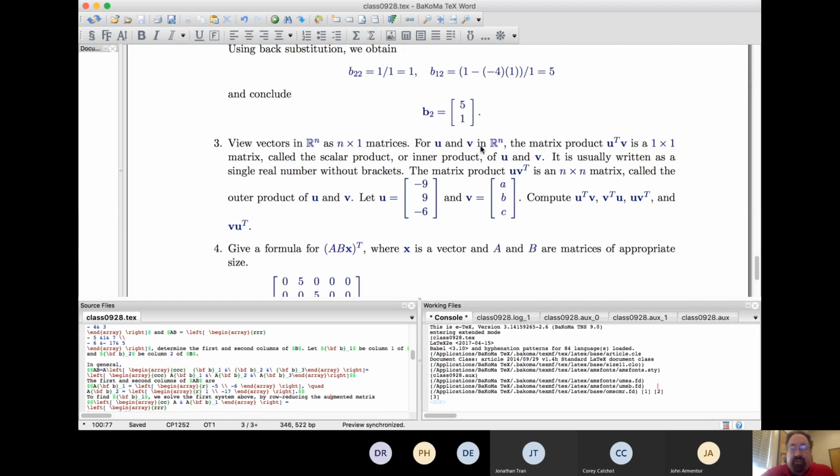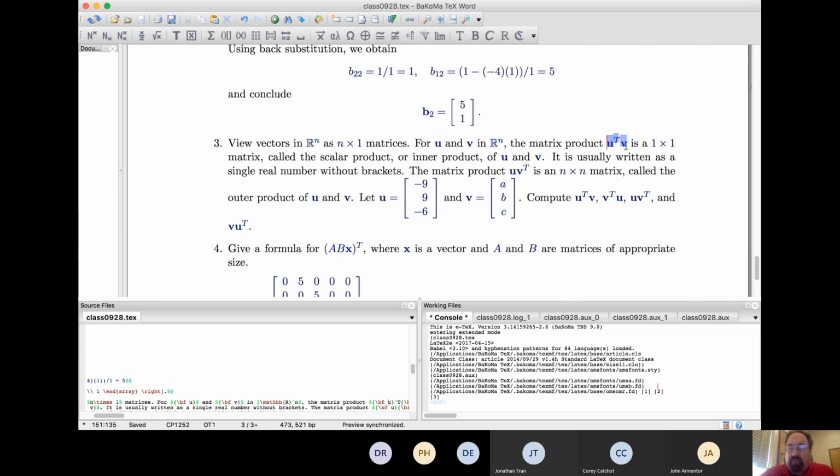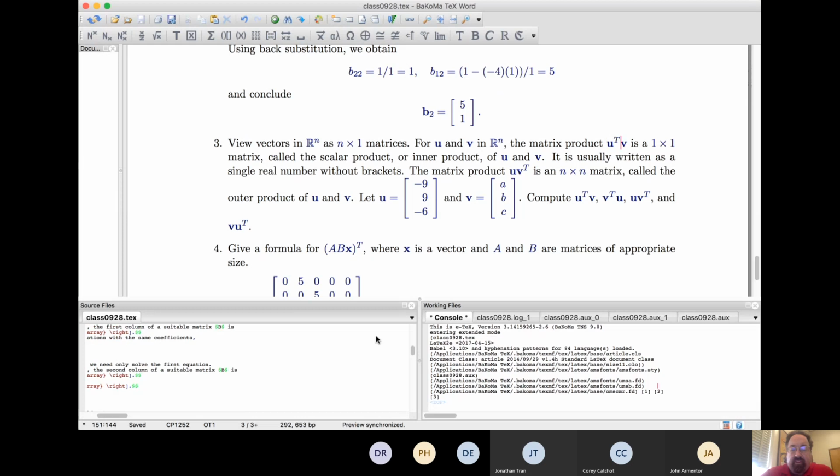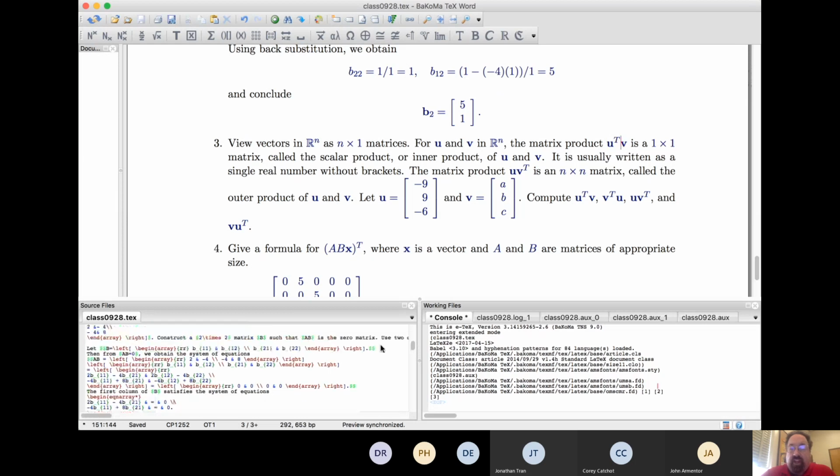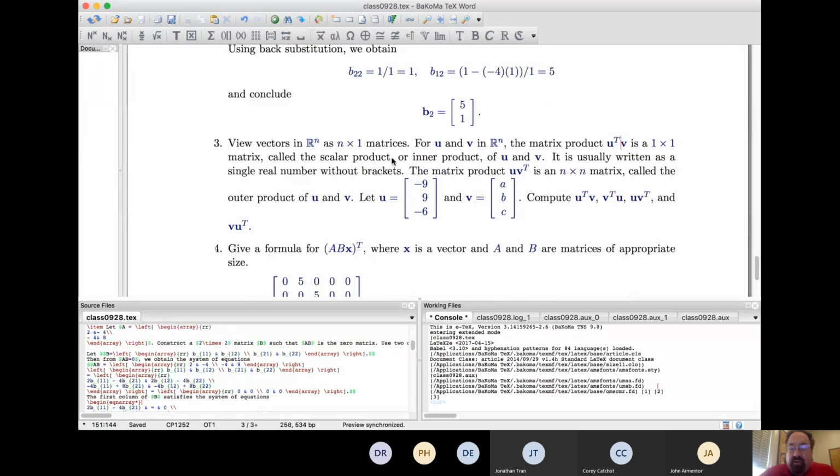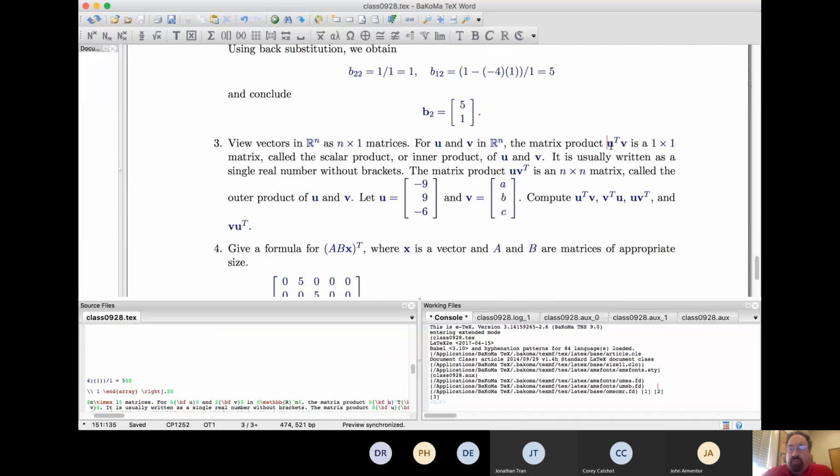When you have u and v vectors in Rn treated as column vectors, so n rows, one column, as I mentioned earlier, u transpose v is the inner product, also called the scalar product, and it's also the dot product. To compute u transpose v, you multiply corresponding entries of u and v, and then add up all those products.